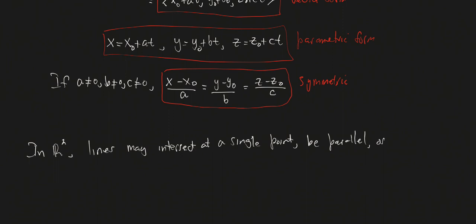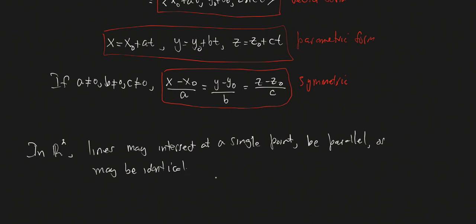So you might have two equations that look different, but when you plot them, you end up getting the same line. And those are the only three possibilities in R2.